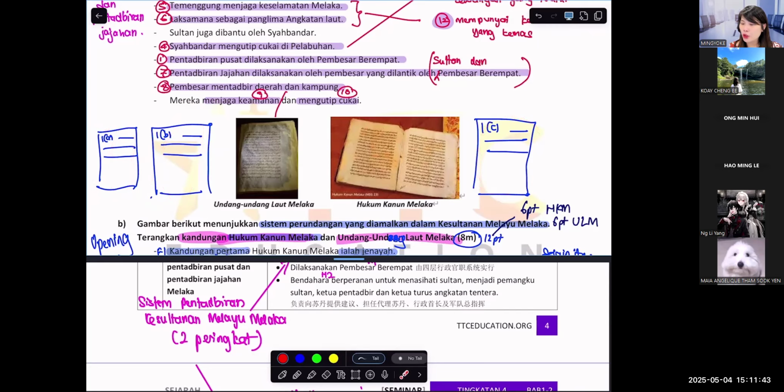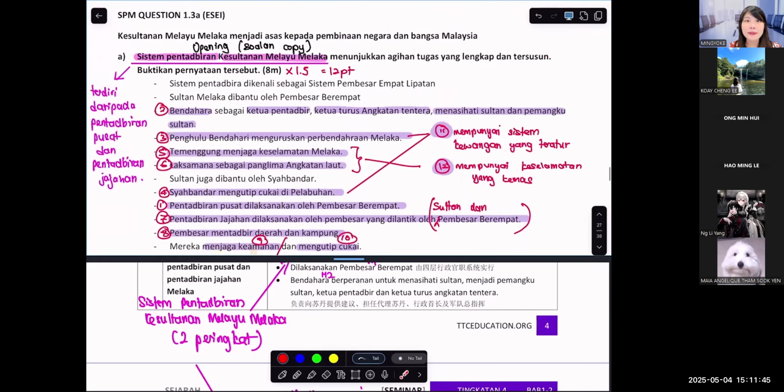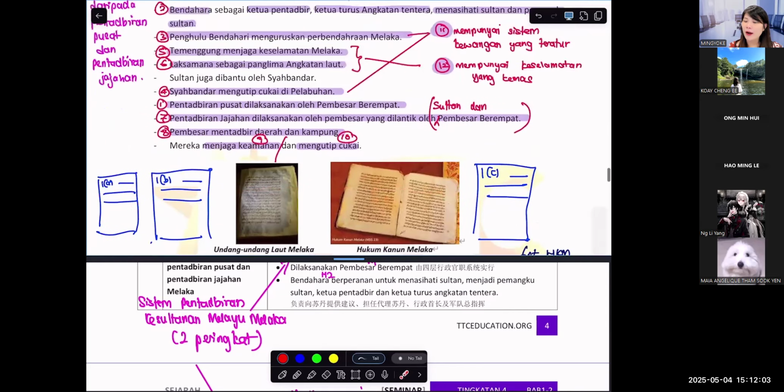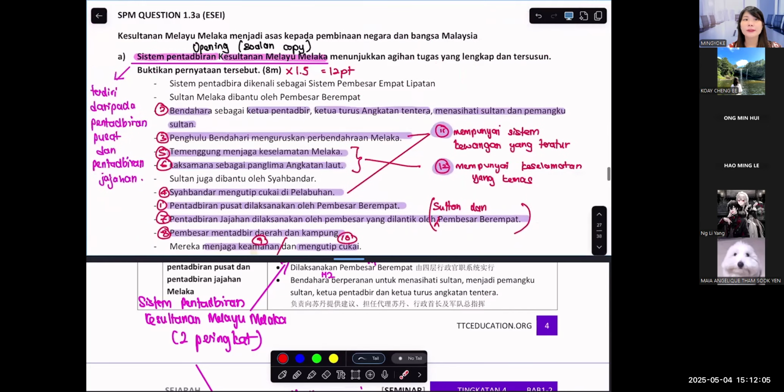Then remember I told you 8 marks, you times 1.5, 12 points. So if you finish writing 12 points in 1A, then you finish your whole essay already. You have time only, you come back and add more points. How many paragraphs? Just write one, enough.